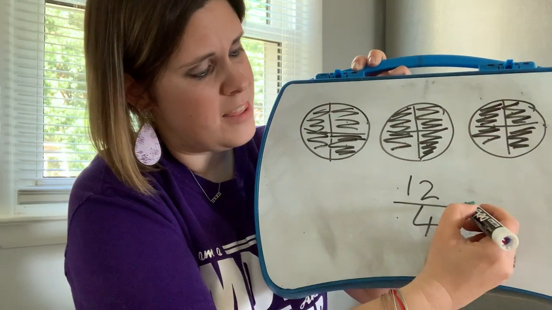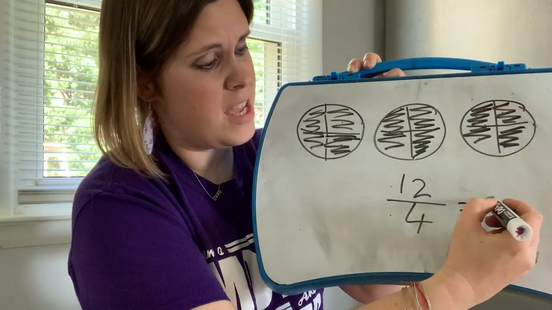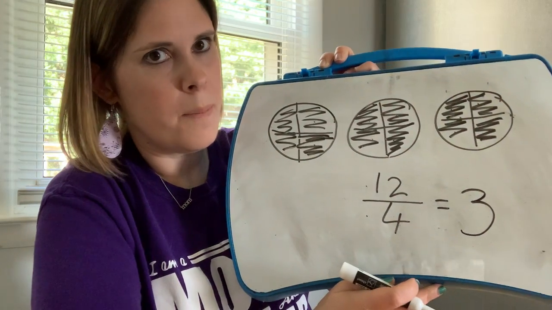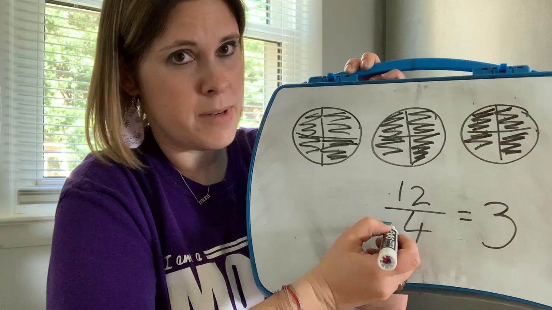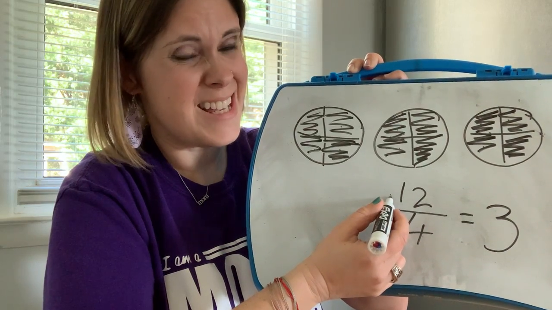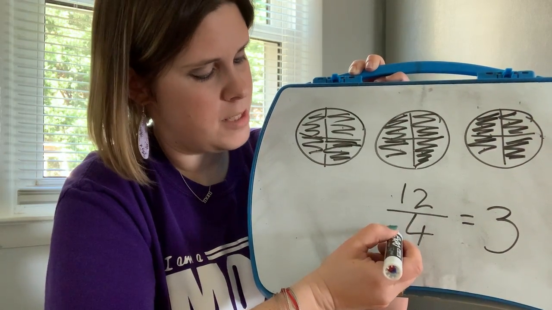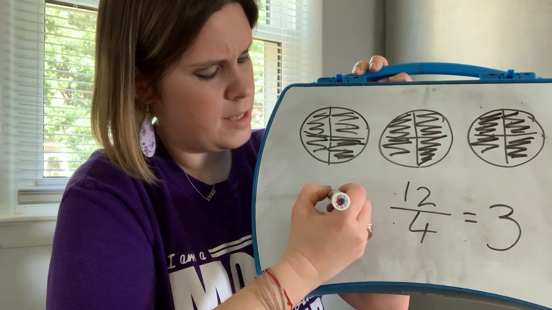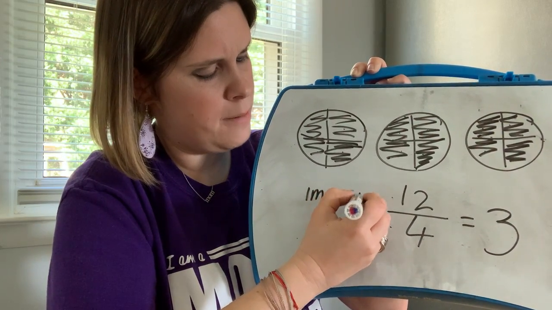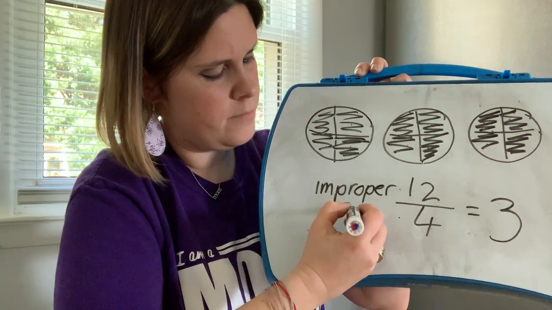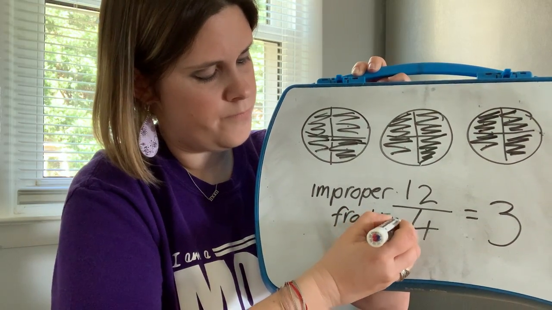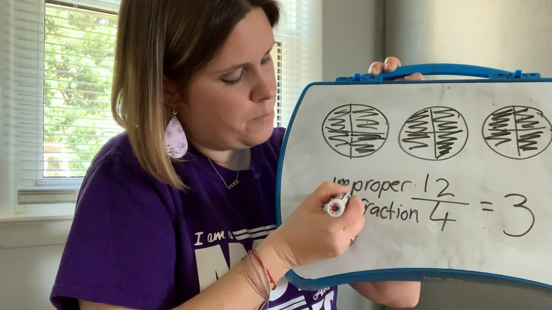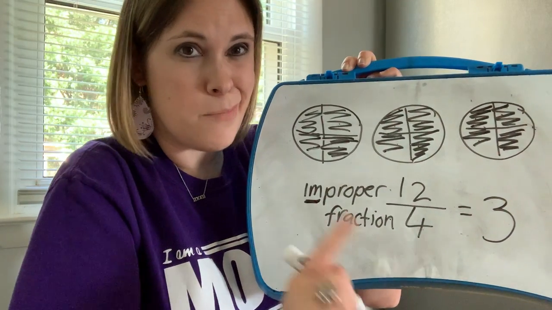That means that I've actually eaten 3 whole pizzas. This here is your numerator, my denominator. My numerator is bigger than my denominator. So we call this an improper fraction. And we call it improper because im is a prefix and im means not.